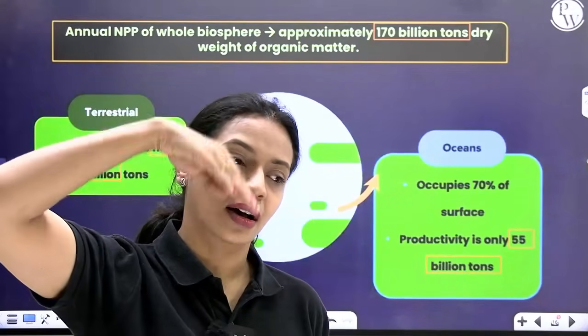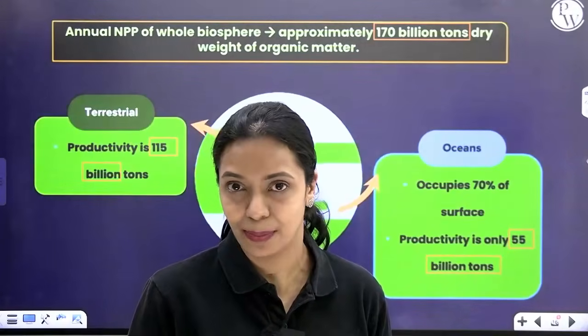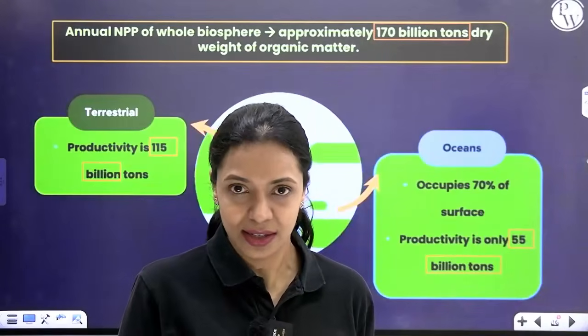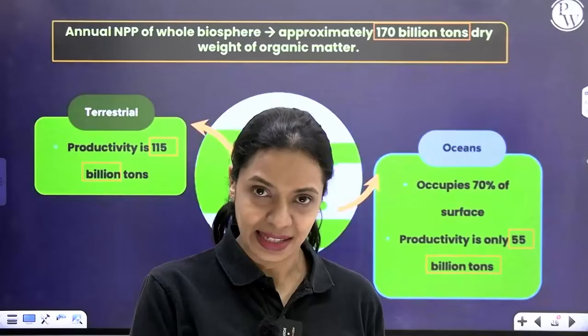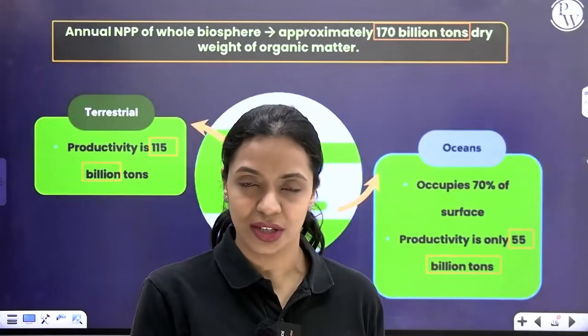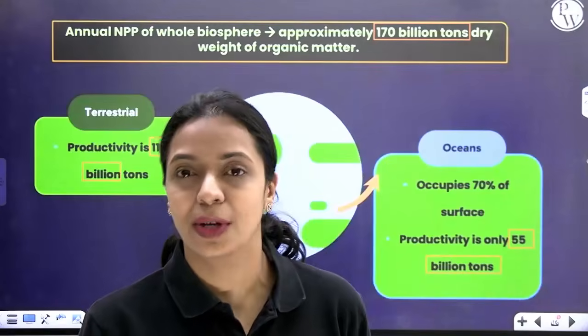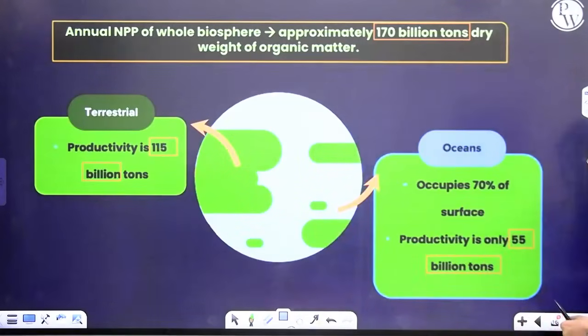Beyond a certain depth in oceans, light cannot even penetrate. Without light, photosynthesis cannot happen. So in the deeper parts of the ocean, there are literally no plants. So photosynthetic output is less in water bodies like oceans. Therefore, net primary productivity is much higher on land in terrestrial ecosystems.